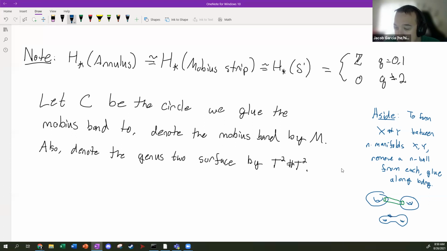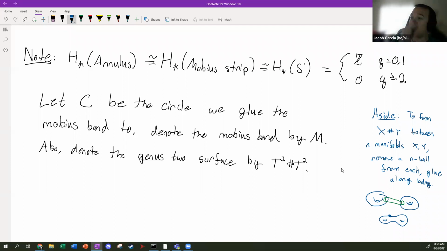And so there's a classification theorem for surfaces that says that any closed surface is either a sphere, an RP2, or a connected sum of tori with or without a copy of RP2.